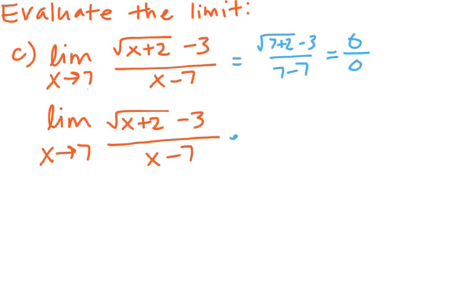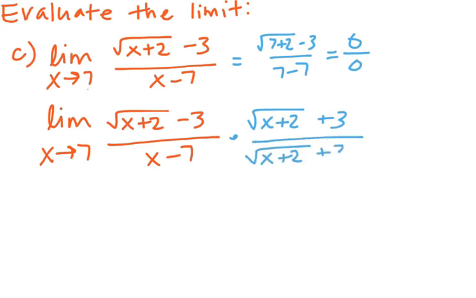So the conjugate in this case would be square root x plus 2 plus 3 to get rid of that, right? And then here we would get the limit as x approaches 7 of, this is really going to give me whatever's under the radical squared, which just leaves me with what's under the radical.